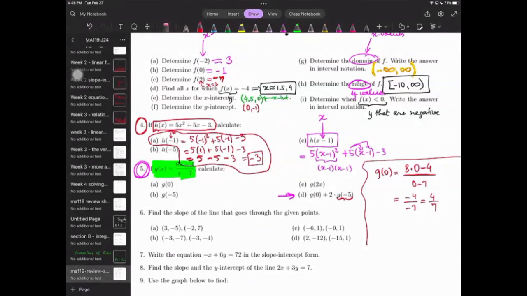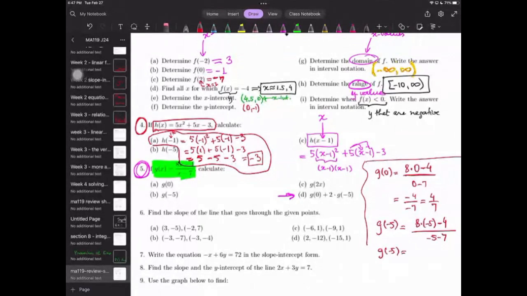Now, I also have g of negative 5, so let me calculate that first. So g of negative 5 means 8 times negative 5 minus 4 divided by negative 5 minus 7.